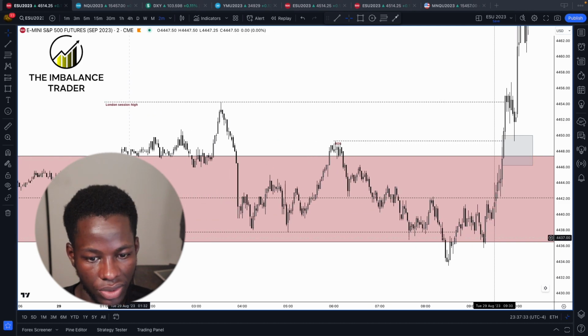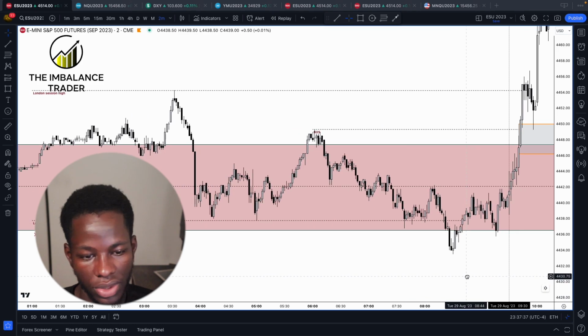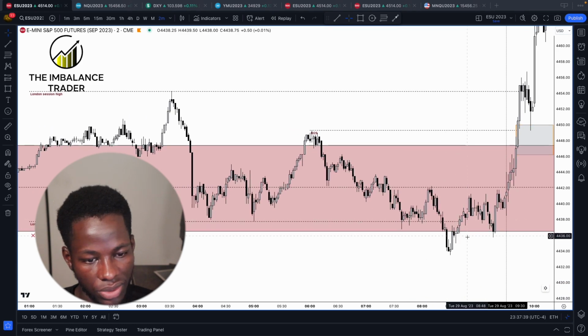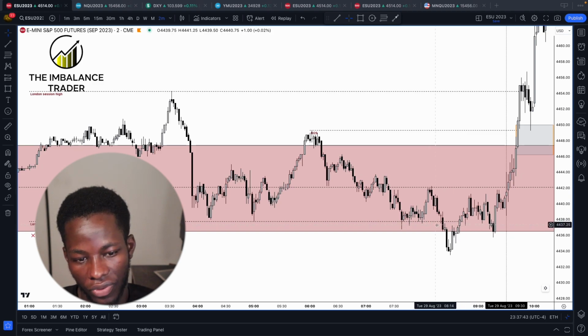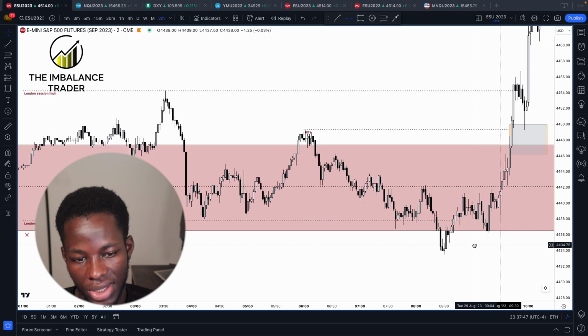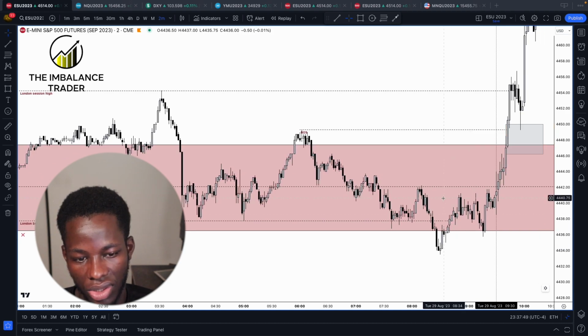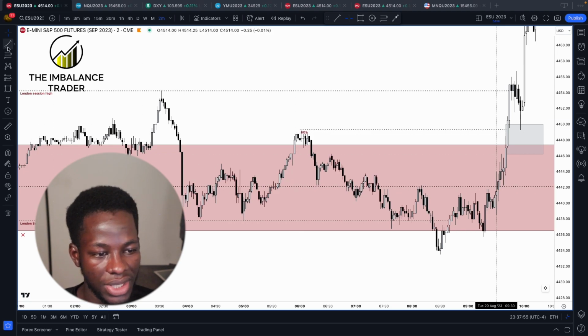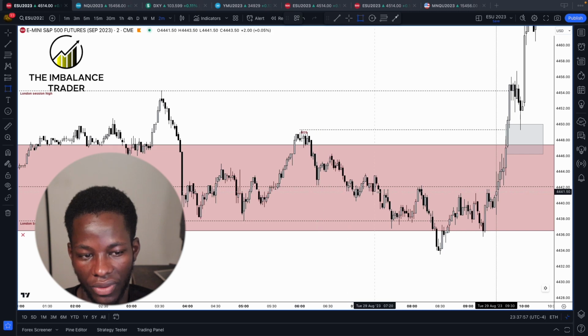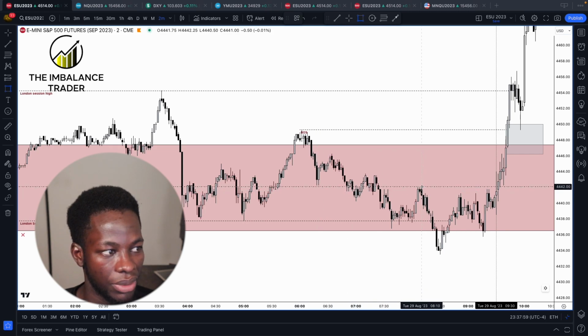We are going to go back to that sweep of the London session low. So here is the London session low. As we sweep the London session low here, we look for a shift in market structure that will offer price higher so that we can trade. Remember, this is the consequent encroachment of the inverted fair value gap.